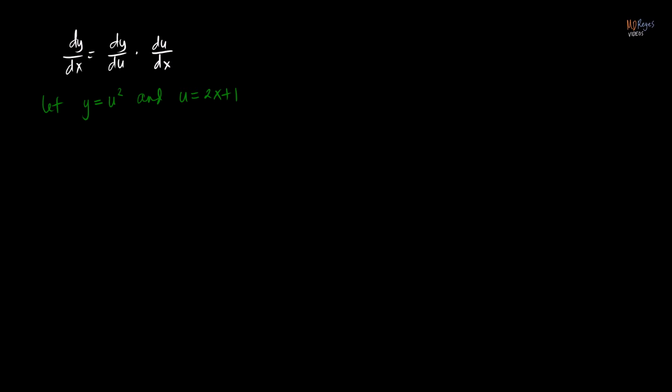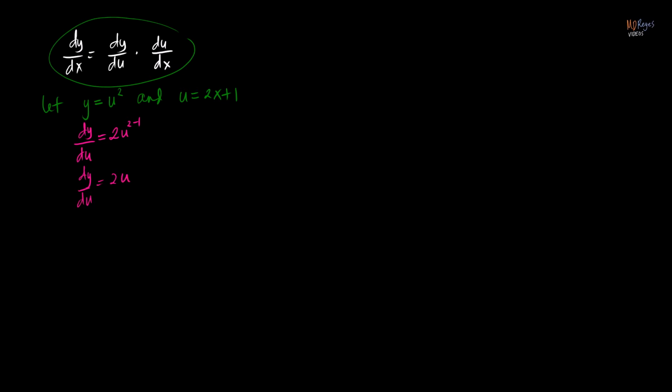So the derivative of y with respect to x according to this formula is equal to the derivative of y with respect to u times the derivative of u with respect to x. What is the derivative of y with respect to u? So y is a power of u, so using the power rule to get the derivative of u squared, it's simply 2 u raised to 2 minus 1, or dy over du is equal to 2 times u.